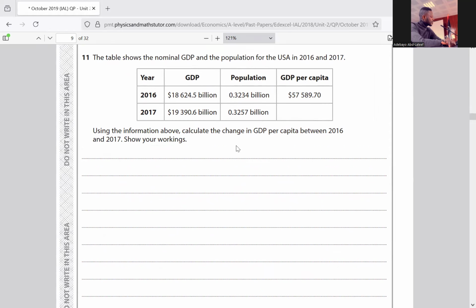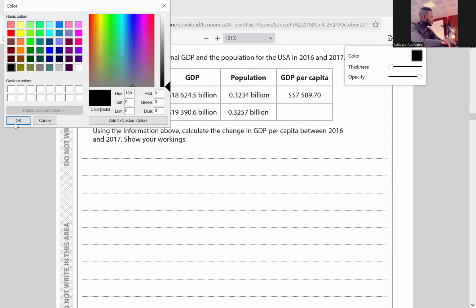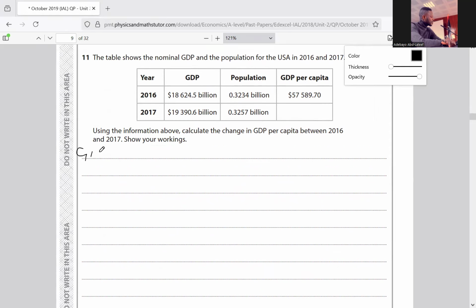So we have it here for GDP per capita 2017 equals 19 billion 390.6 divided by 0.3257.